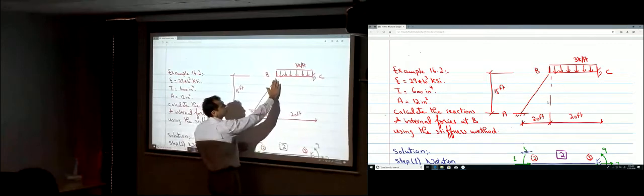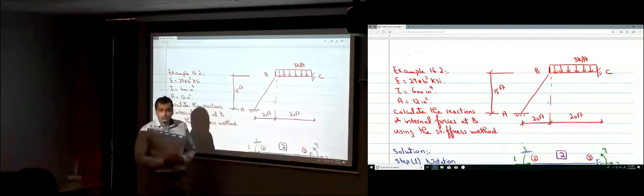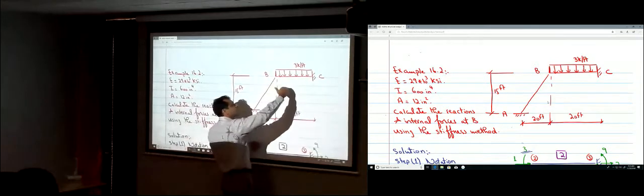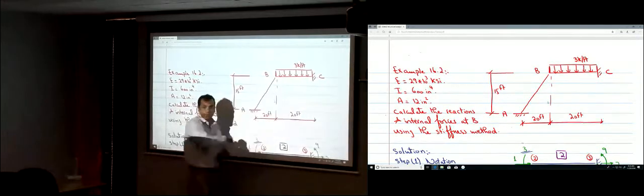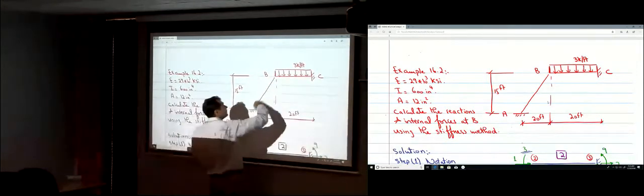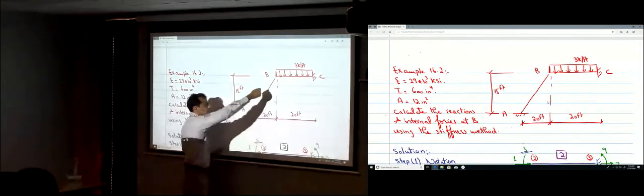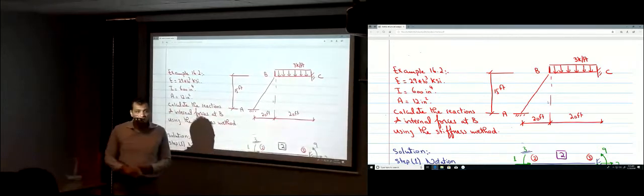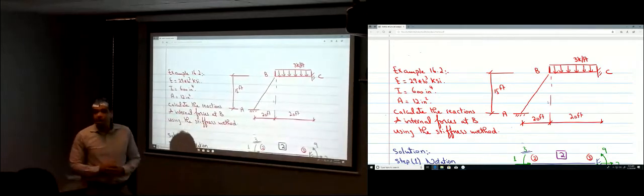If you have a vertical force here, does this cause shear? No. Actually, the shear is a force perpendicular to that member. The normal force in this member is in the direction of member A. It's not the vertical and the horizontal force.